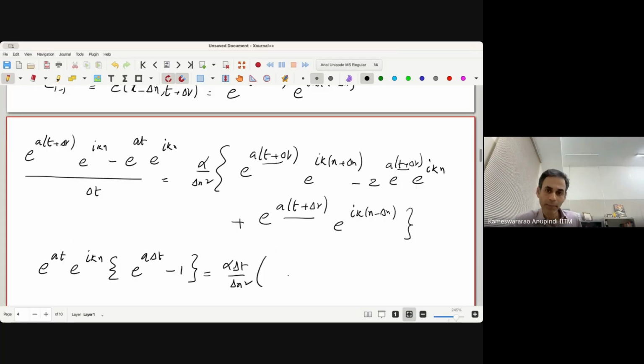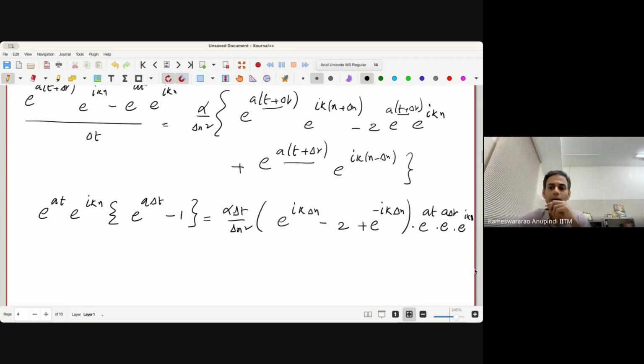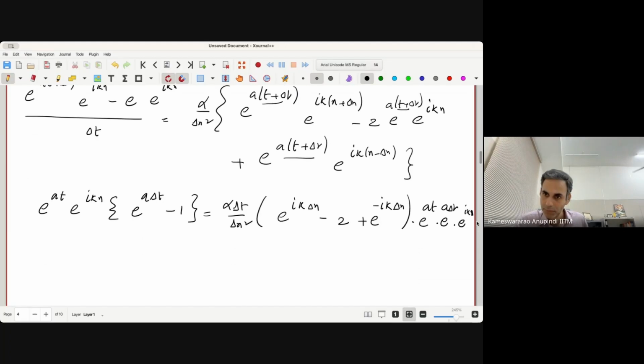So that's going to give me e to the power ik delta x minus 2 plus e to the power minus ik delta x times e to the power at times e to the power a delta t times e to the power ikx, times e to the power ikx, okay? And that's what we have.